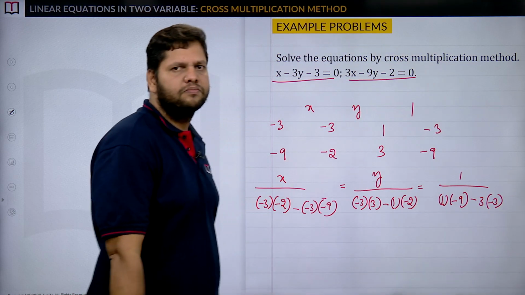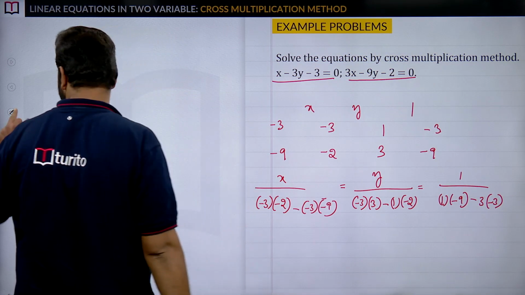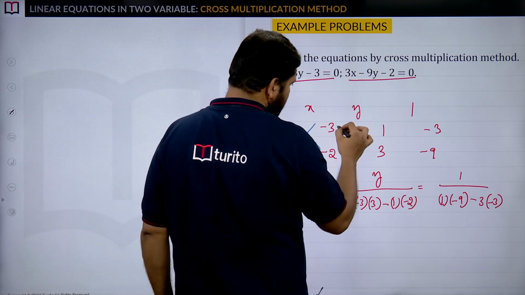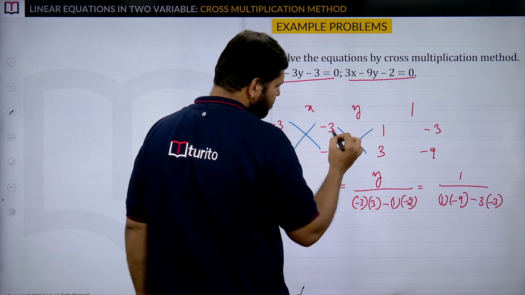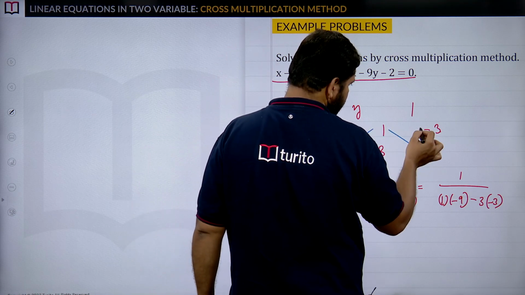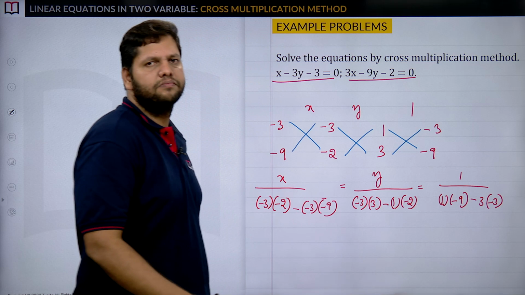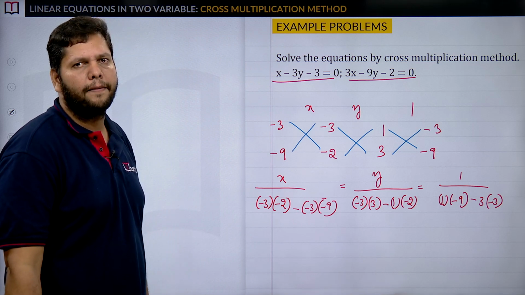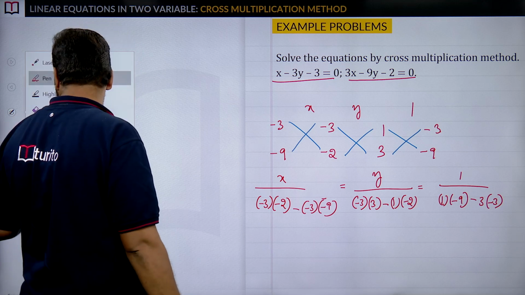Clear, children? Just multiply these two. It's very simple. Multiply these two minus multiply these two. Multiply these two, again minus. Multiplication of this and minus multiplication of this. Clear, children? Okay.